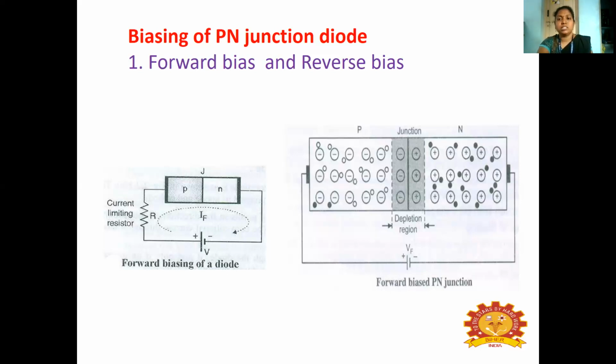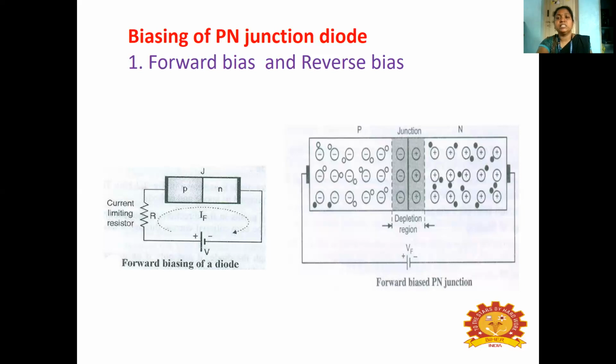So both electrons and holes will be migrating from their own places, the p-type and n-type material. When they cross the junction, few of the electrons and holes will become immobile carriers. That is, we call it free charge, immobile. It will not move. It is said to be stable, constant in the junction. So this will form a depletion region.